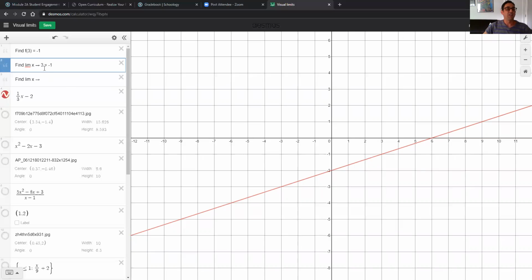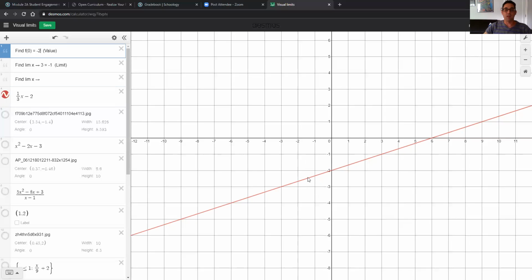So really, for the most part, finding what I call the value, just plugging it in, and this is what's called a limit. For most graphs, the limit and the value are identical. If I ask you to find the value of this graph at 0, when you plug in 0 for x, you would get -2.